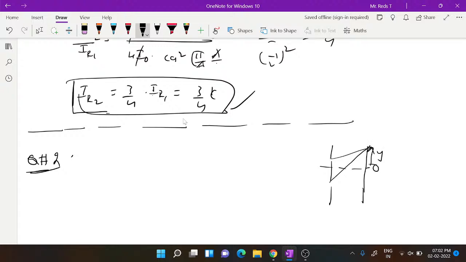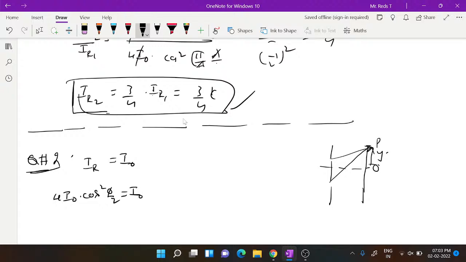The distance of the nearest point to the central maximum, let us say this is Y. This is the nearest point Y to the central maximum where the resultant intensity due to interference is the same as that due to a single slit. Single slit means single wave. This is equal to I naught. We know IR is equal to 4 I naught into cos square phi by 2. This is equal to I naught.